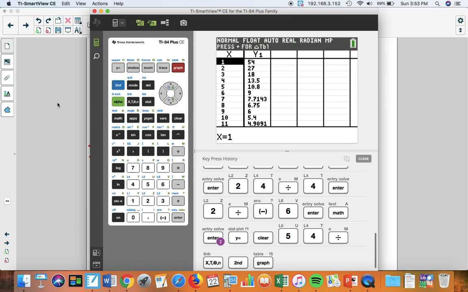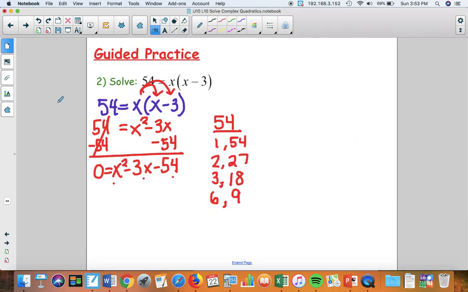And that looks like those are all of our factors. So we have to see if any of these factors will add or subtract to 3. And if you look at it, 6 and 9 will subtract to 3. So this means that factoring will work and we can use it for this. So we do have to use trinomial.